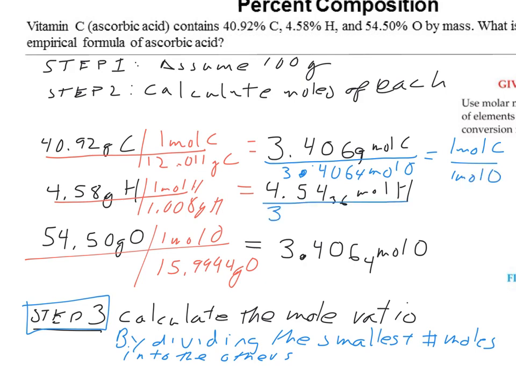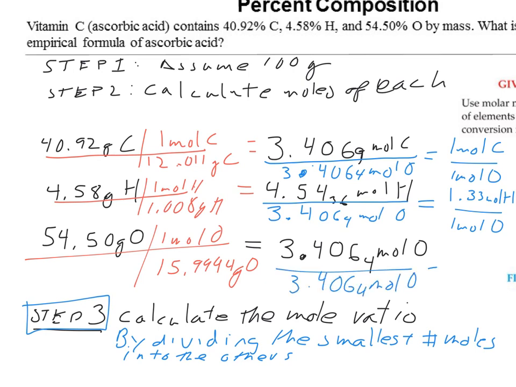Now I do the same for my hydrogen. 4.5436 moles of hydrogen divided by 3.4064 moles of oxygen equals 1.33 moles of hydrogen for every 1 mole of oxygen, and 3.4064 moles oxygen is 1 mole of oxygen, of course, for every 1 mole of oxygen. All right, so now we have our mole ratios.